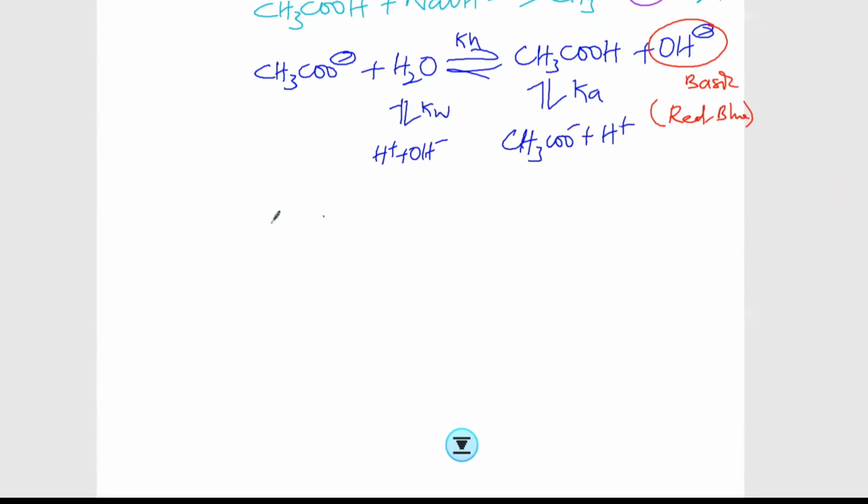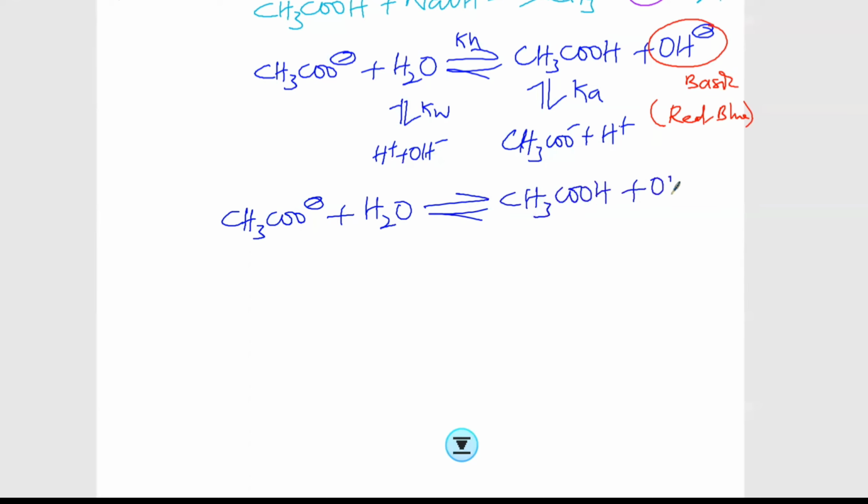Okay. Now let us write the main equation, that is CH3COO minus plus H2O will give rise to CH3COOH plus OH minus. Okay, initially what? Initially if C concentration is present, here 0 moles will be formed.